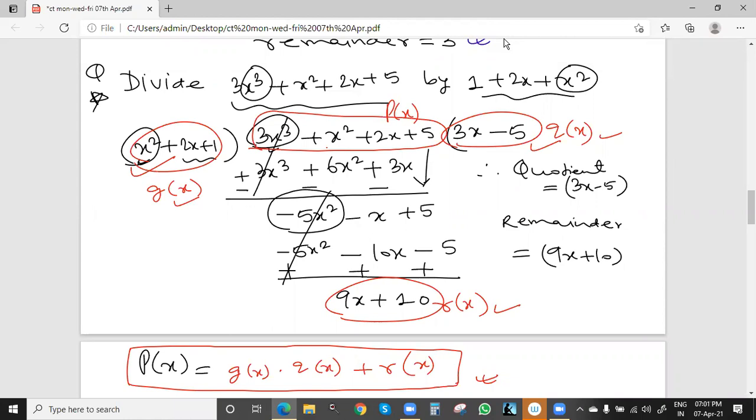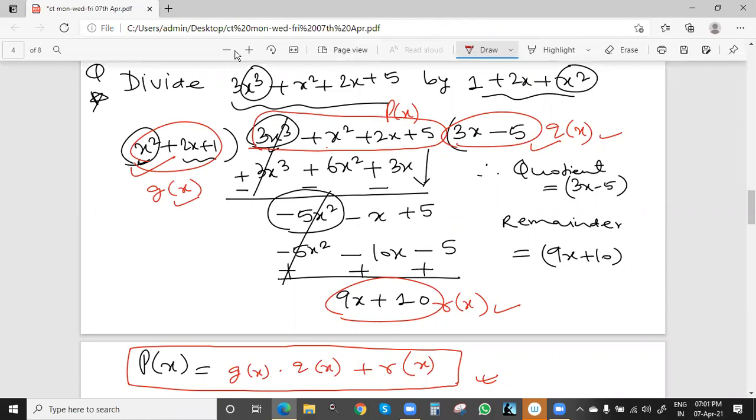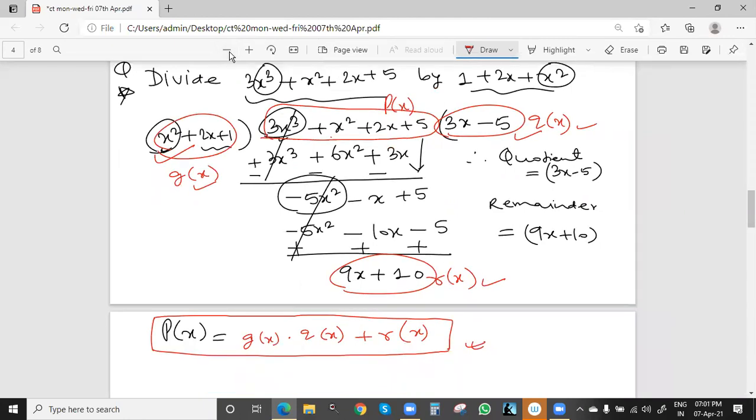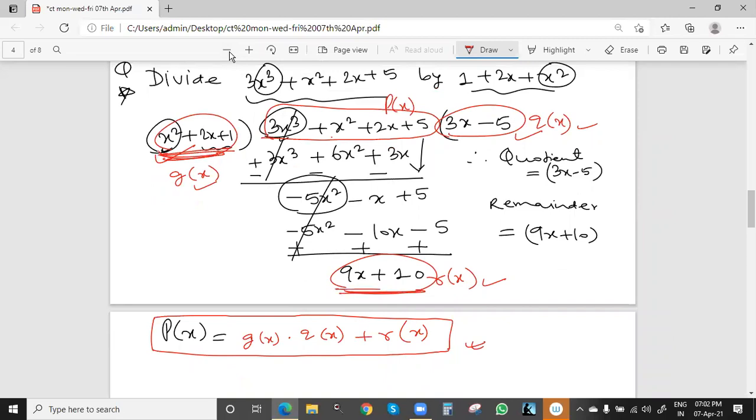Here we can see one more thing: r(x) is the polynomial representing the remainder. r(x) will be either 0 or a polynomial having degree less than g(x), which has degree 2.